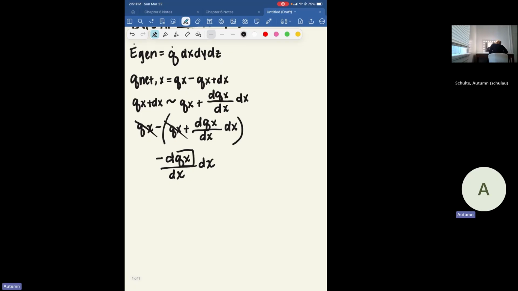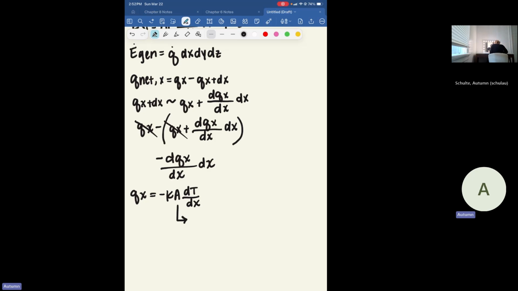And now you'll notice we have a qx term. We can actually expand on that as that can be written out as Fourier's law. So qx is equal to negative our thermal conductivity multiplied by the area multiplied by the change in temperature with respect to x.